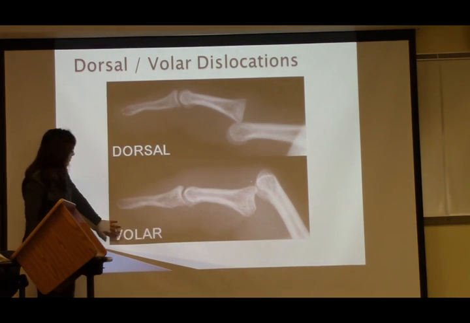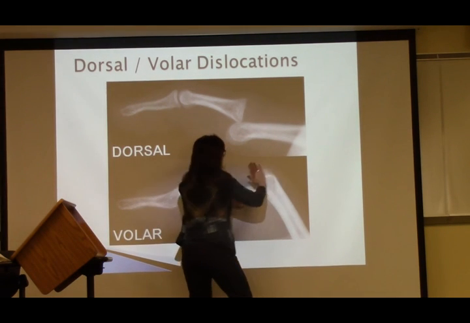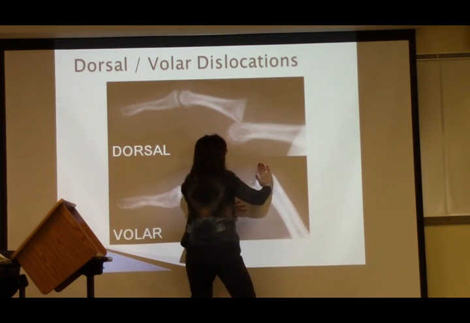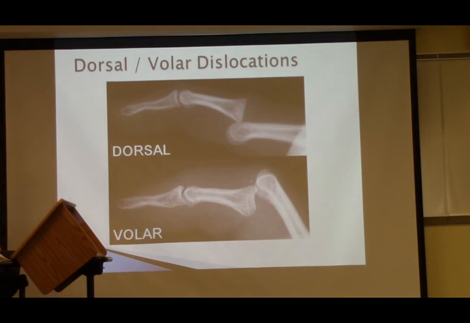With a volar dislocation, this plunges up in relationship P2 and P1 and pulls off the central slip. It makes sense, right? But when you're not educated in what it really is, you hear volar, you think, oh, they disrupted the volar plate. It's actually a central slip injury.